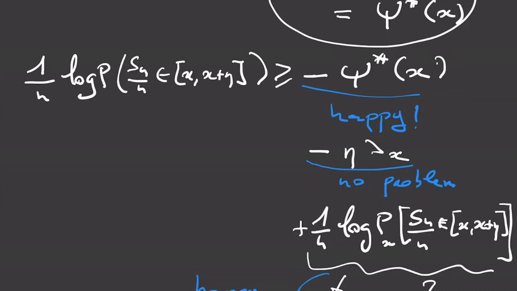But we have to prove that this guy tends to 0 as n goes to infinity. Well, that's not that easy, but we have to think quietly about the behavior of this quantity.